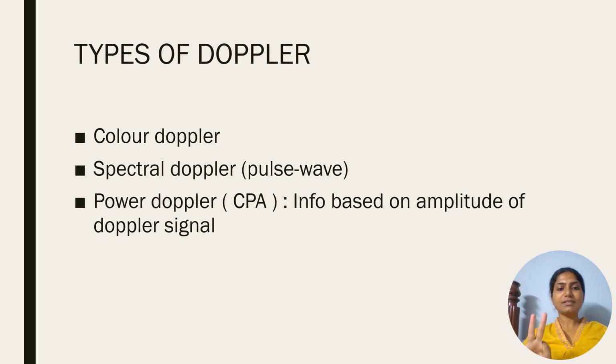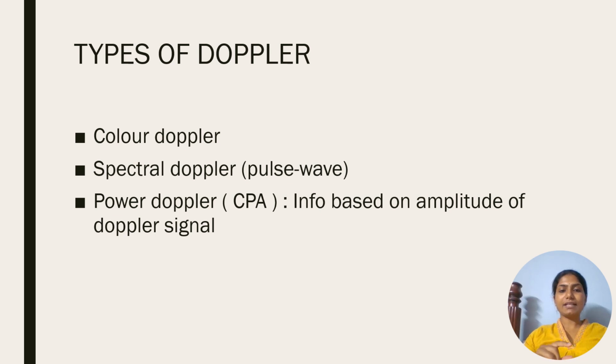And the last one, the third one, is called power Doppler. It gives importance to the amplitude of the Doppler signal. Deeper vessels which cannot pick up color from the color Doppler, because the wave has to insonate the deeper tissues and take up the color. This wave has a higher intensity, so it penetrates through the soft tissue and can identify the deeper vessels.